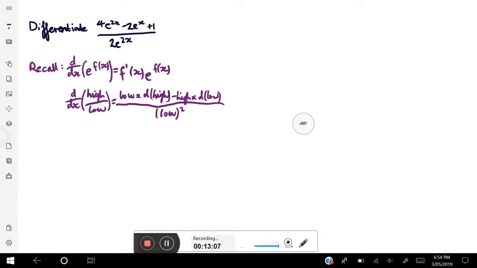Alternatively, if it's easier, u on v. So let's just say u is the numerator and v is the denominator, both functions.